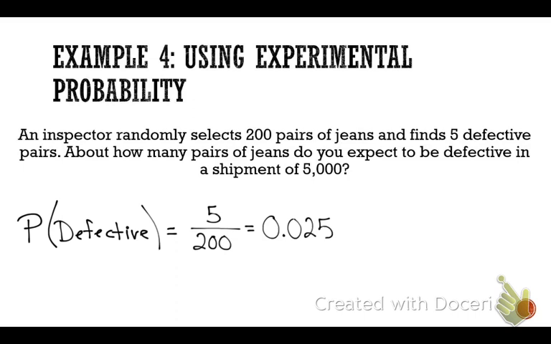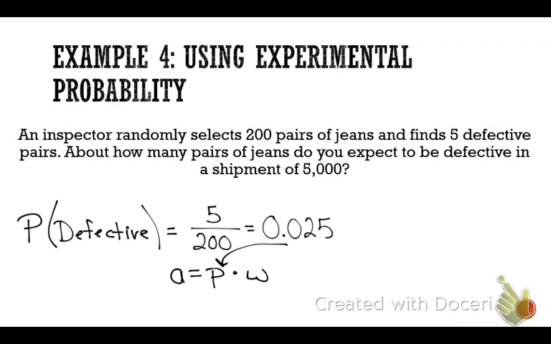Why would I leave it a decimal? Yeah, because you would just change it right back to a decimal to plug it into your formula. So if I know 2.5% of the trial amount were defective, I can use that to predict how much of this bigger order might be defective.